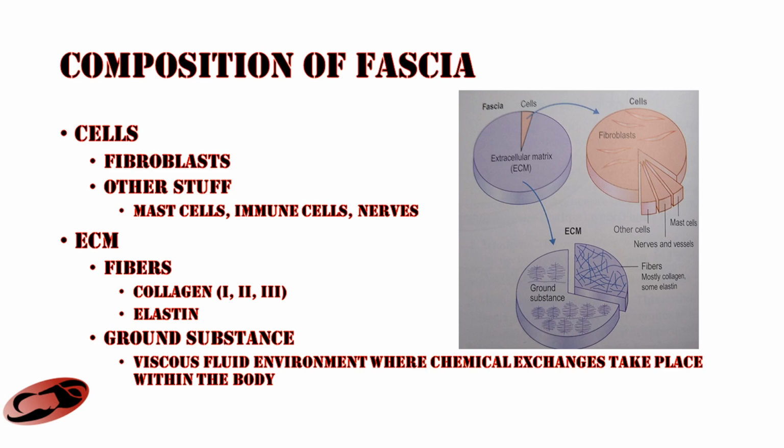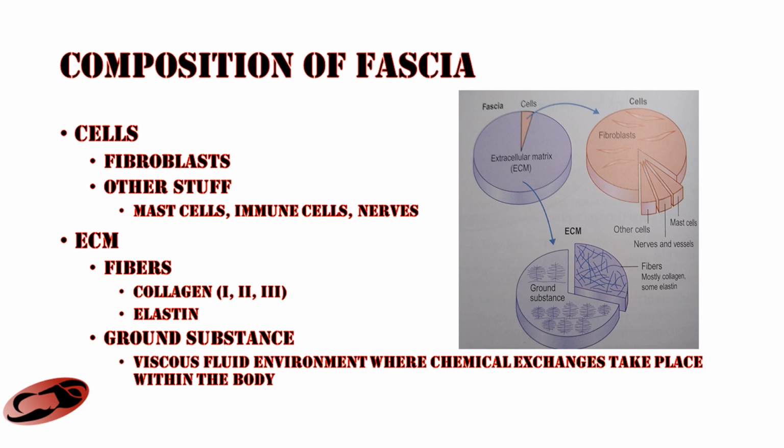Besides fibroblasts, there are mast cells, immune cells, nerve cells, and cells for vessels such as arteries or veins. But for the focus of fascia, I think fibroblasts are probably the more important piece to look at, especially in terms of the mechanical function of fascia in the human body.